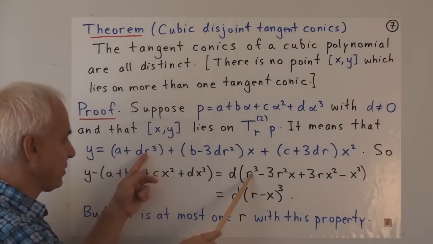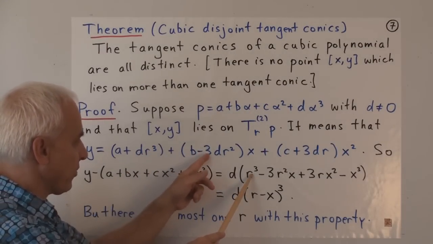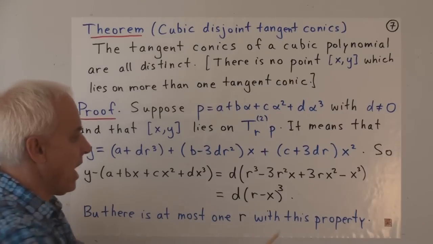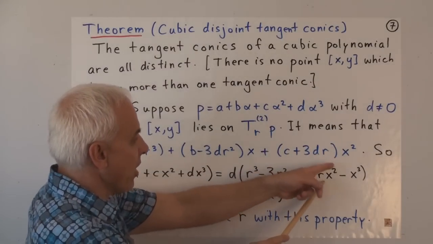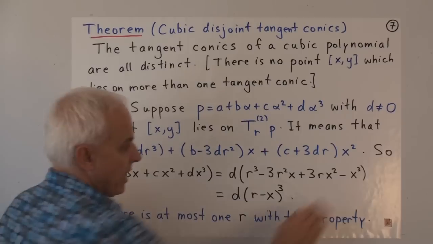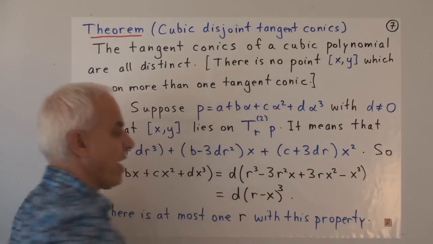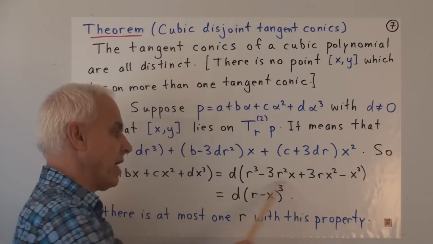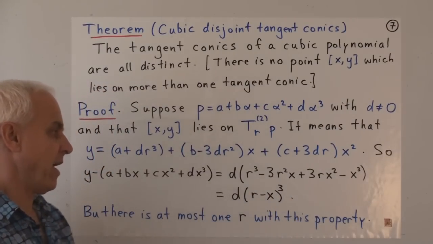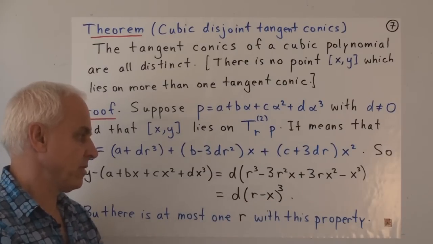Then we'll have an r cubed, a minus 3r squared x, a plus 3rx squared, because we pulled the d out front. And at this point, we recognize, or should recognize, this is almost a binomial expansion of r minus x cubed.